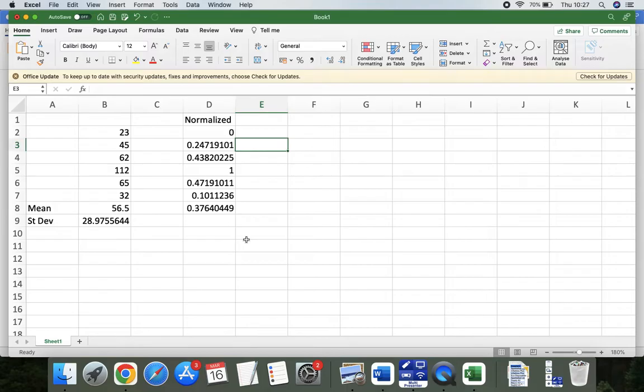So what is the idea here? The idea is very simple. When you are dealing with the data, suppose you have a salary column, an age column, a CGPA column. Now the range of values in salary is in thousands.